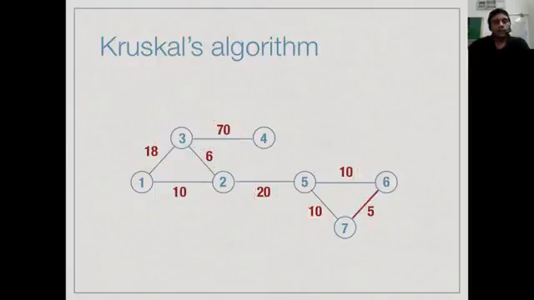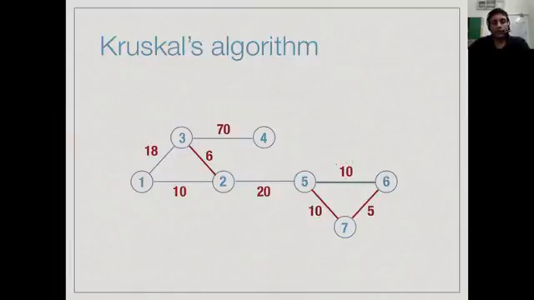So we first add the edge 5 to our tree. Now the next one is 6, so we add 6 to our tree. Now we have to pick one of the edges labeled 10. We can pick any one. So let's assume that we pick this one. Okay. Now we want to pick another edge labeled 10 because the next two edges are again labeled 10. So supposing we pick this edge labeled 10.